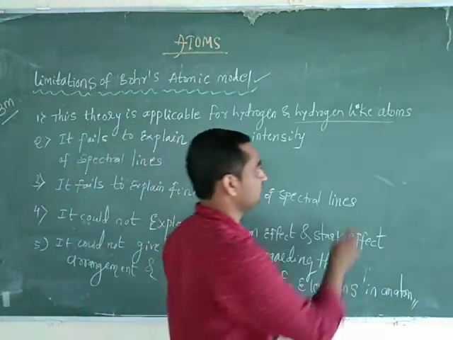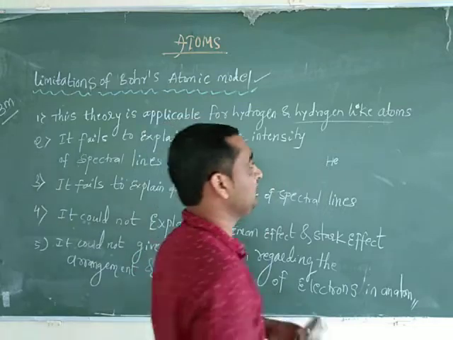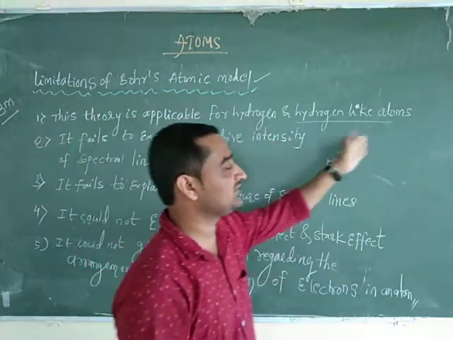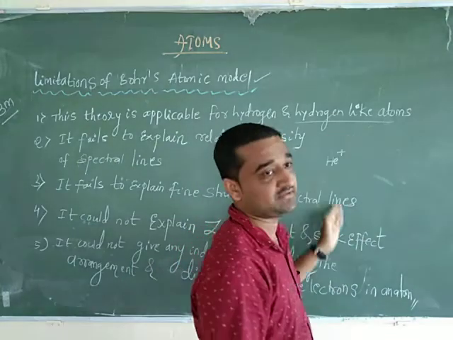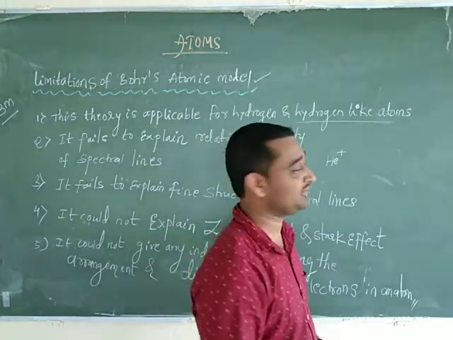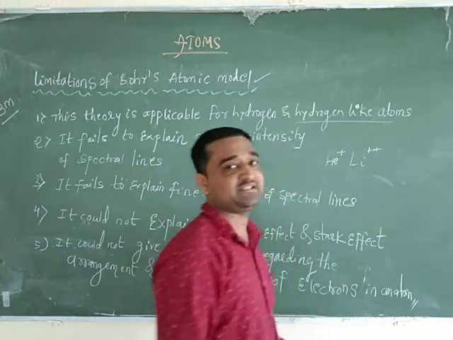Hydrogen, helium, right? Helium is not a hydrogen-like atom, but helium plus, singly ionized helium, has one electron. So that means what? It is a hydrogen-like atom. The spectra of helium plus is explained by Bohr's atomic theory. And also lithium, doubly ionized lithium.